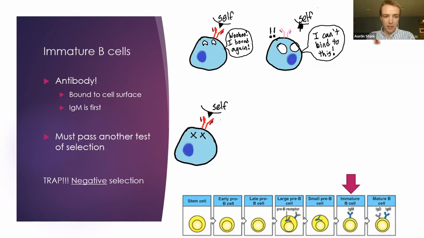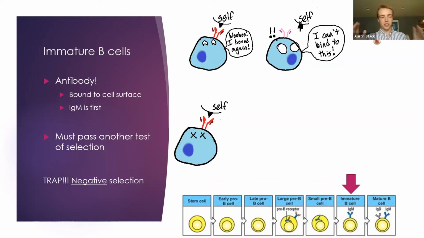And this B cell is very worried because it's unable to bind to self-antigen. Well, it's a bit of a trap because this is a round of negative selection. So the B cell that actually binds to the self-antigen ends up being retained in the bone marrow and is basically told to die. It is not allowed to move on. And this is how we prevent autoimmune B cells from expanding and becoming mature B cells.